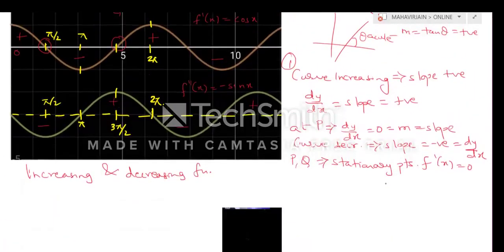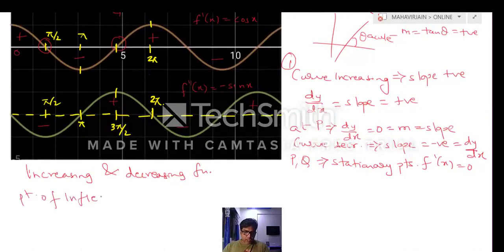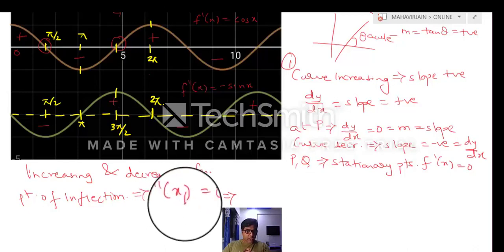Point of inflection, I'll have a detailed lecture on inflection in the next part wherein I can go with the details, but as of now, just to make you understand, a point of inflection occurs where f double dash of x is 0, that means if this occurs at a point x1, f double dash of x1 is 0.